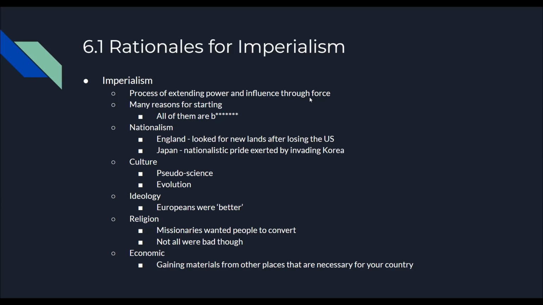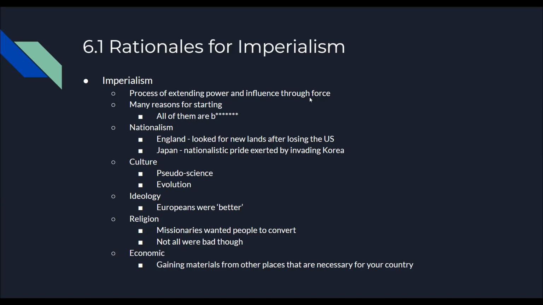And again, not smart. Darwin himself did not advocate for such things. He argued against it. However, people used such justifications to fund and promote their ideologies. Along with that, you had the ideology that Europeans were just better than others, which again, is not true.